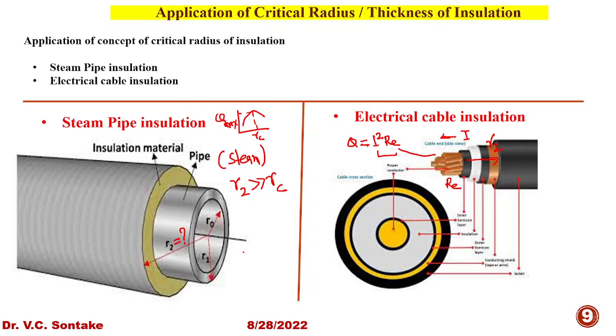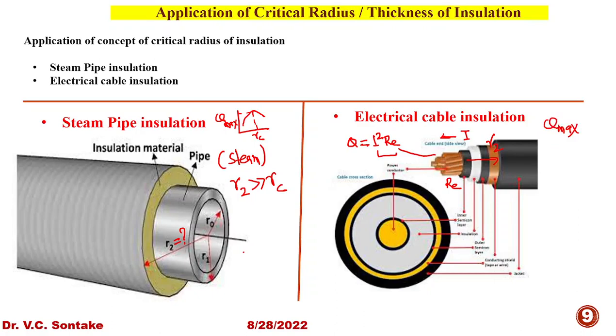Under such conditions, there will be no accumulation of heat within the cable and it will remain at its optimum temperature. So here, the radius of insulation selected should be such that corresponding to that radius of insulation, heat transfer rate should be maximum.